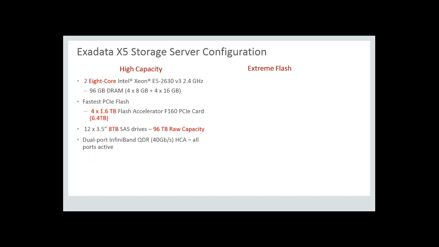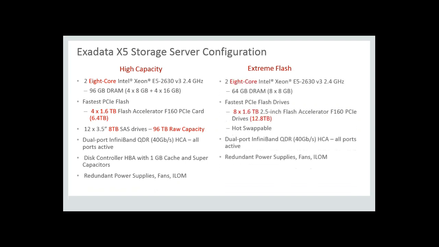And again, the dual port InfiniBand, the disk controller and the redundant power supplies. Now when we are talking about extreme flash, the number of processors is still the same. It's a 16 core machine. But the important thing Oracle did with X5 in case of extreme flash is that they removed the disks. Now they are coming only with flash drives.